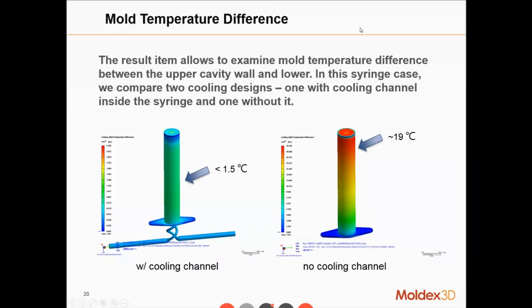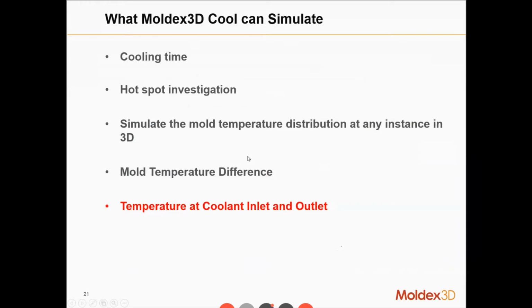Okay, you don't need to go to the last result item we talked about. You can just click on the mold temperature difference, and it will show you directly. Okay, and in this example, we have a model of a syringe. Okay, a syringe with cooling channel, and the other one without. Okay, so they have a clear temperature difference between the molds.